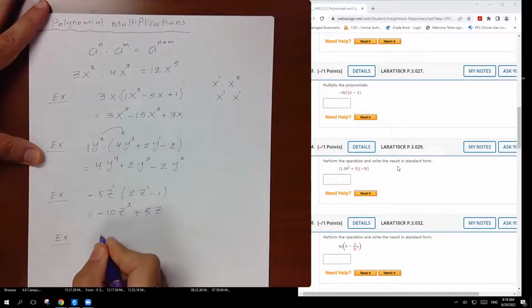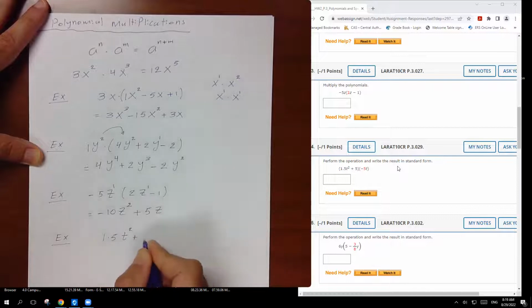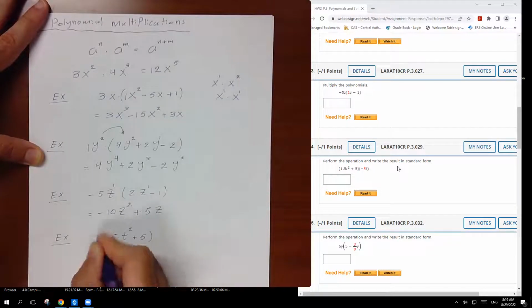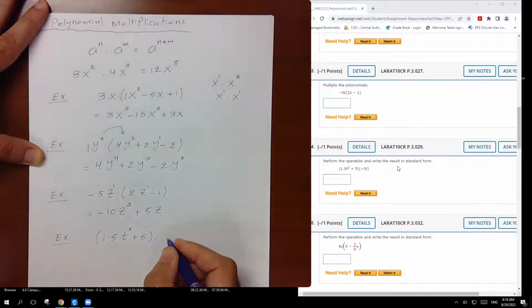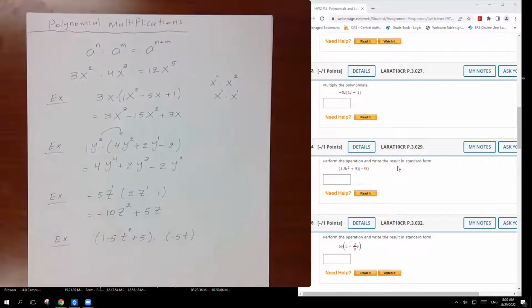So you're going to do the opposite thing. 1.5 t squared plus 5. You're going to multiply it by negative 5t. You're going to do exactly the same thing.